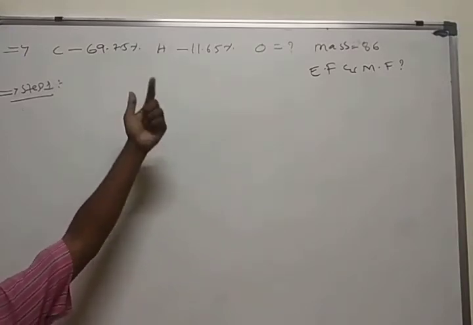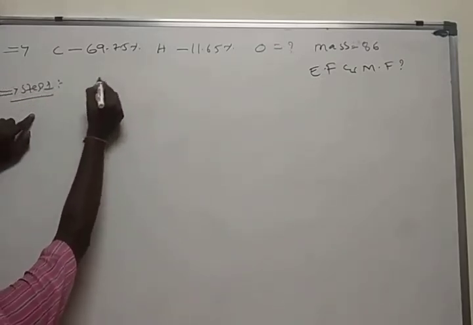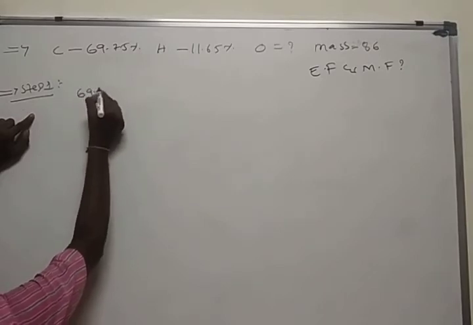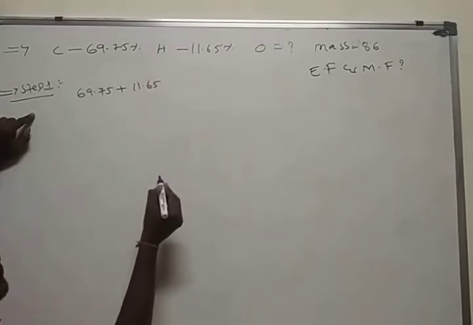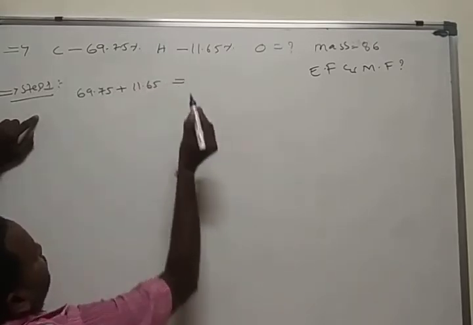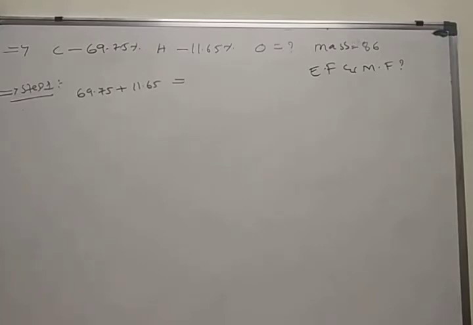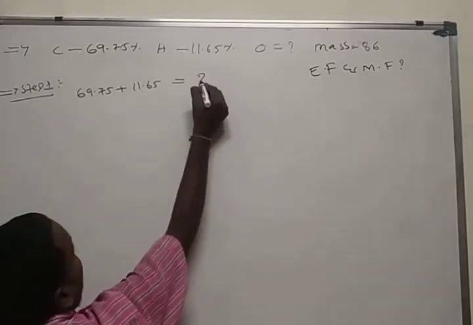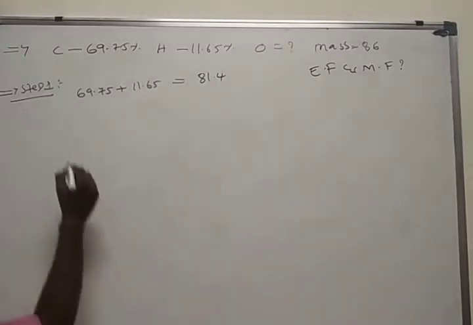How do we know the percentage of oxygen? Just sum the percentage of carbon and hydrogen: 69.75 plus 11.65, that is 81.4.